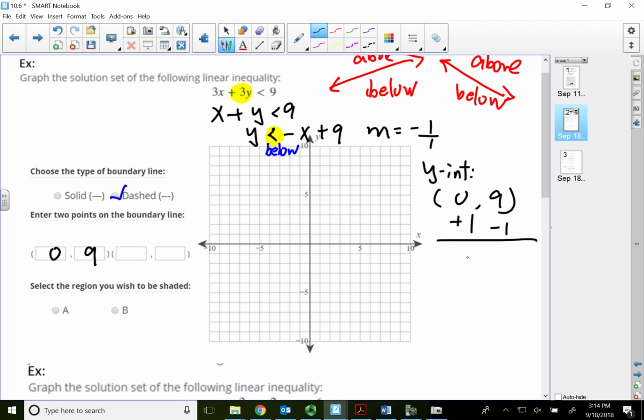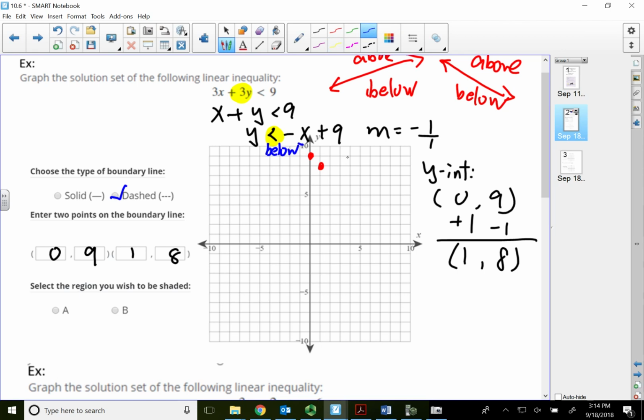So the other point is going to be 1, 8. The reason I'm doing it from this perspective is so I can quickly enter 1, 8. 0, 9 is up here, 1, 8 is to the right 1, down 1. I select dashed line, so the computer will automatically draw a dashed line.